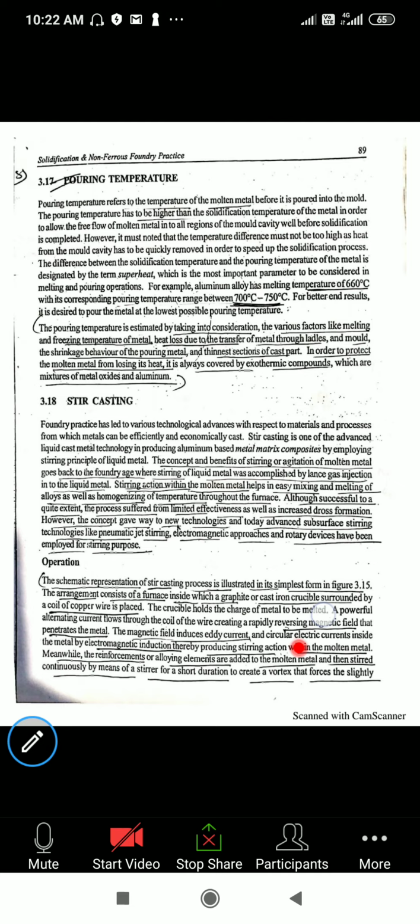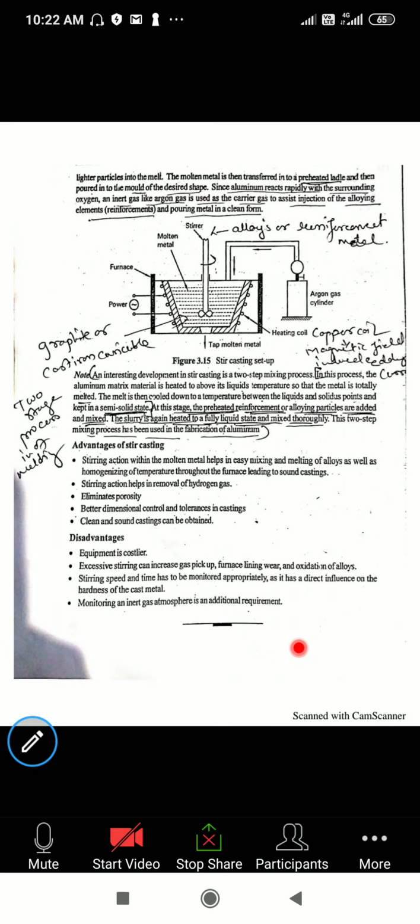See over here in the diagram, the stirrer is there at the middle. During melting in the furnace, the stirrer stirs the molten non-ferrous metal so that equal temperature is distributed, with gases being used. In detail, the construction and operations regarding this we are going to study. So for module number 3, these are the concepts you are going to study.